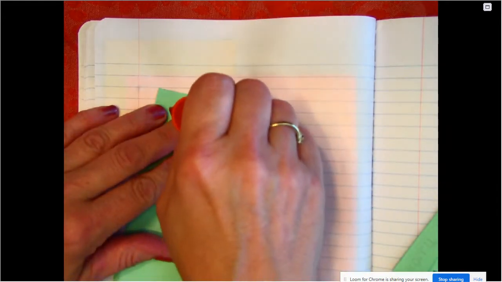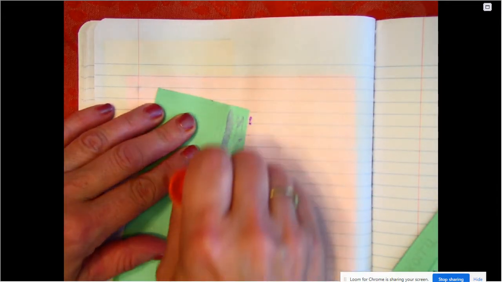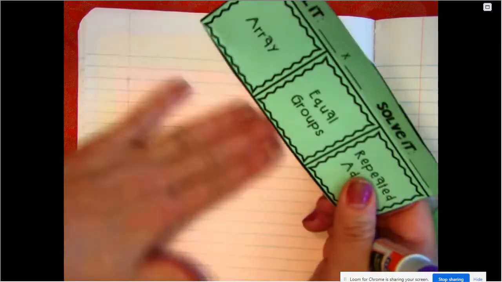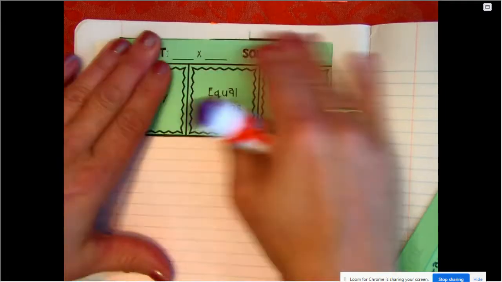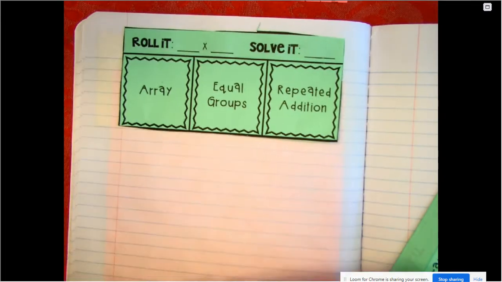Let me get over here, get my glue and fold it back up. Okay, so on that part that I folded, a little bit of glue along the top. And right there.